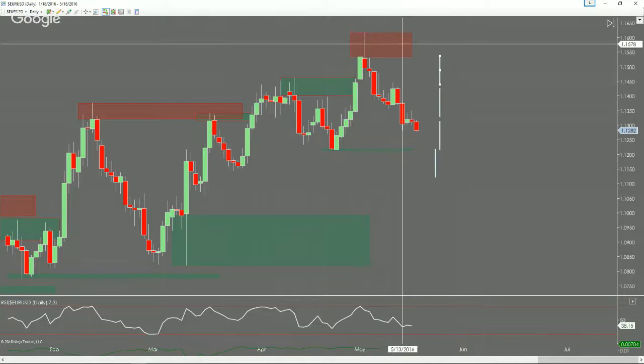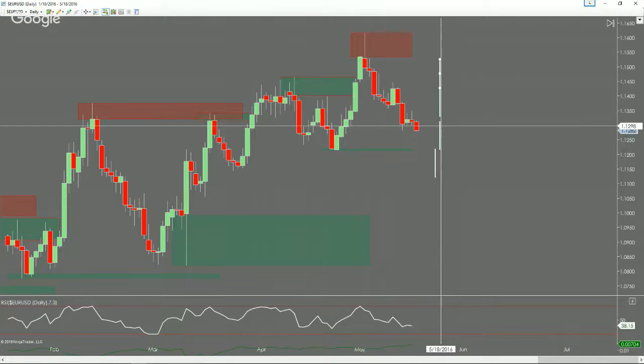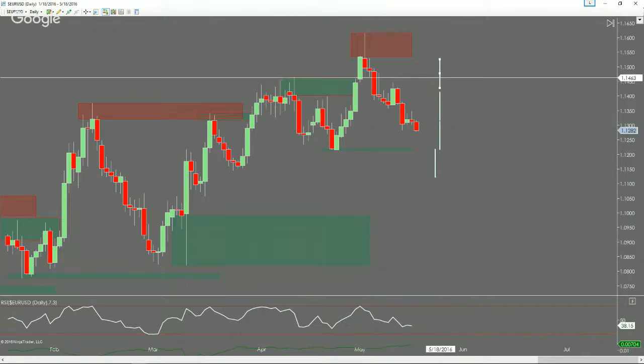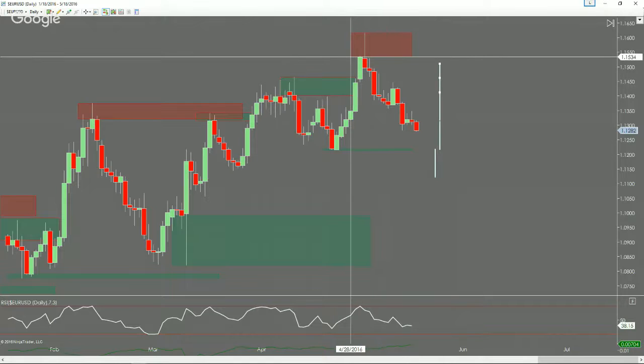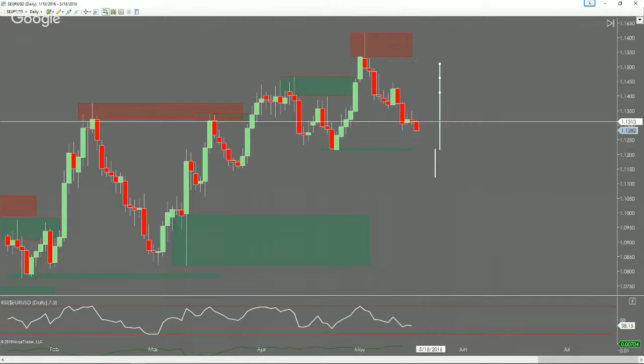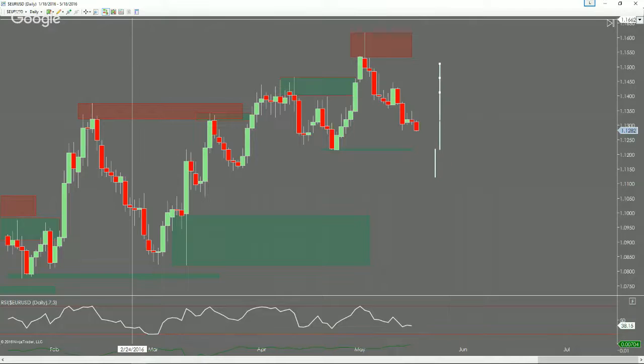That could be a decent trading opportunity, about a 1 to 3 risk to reward ratio back to the previous structure level. But that's something we still have to wait on.